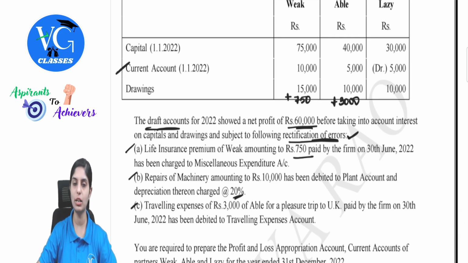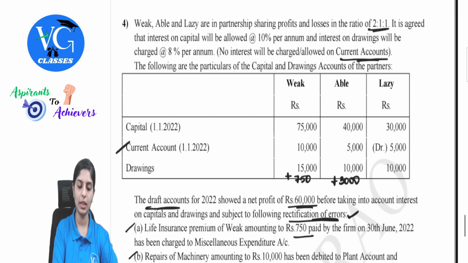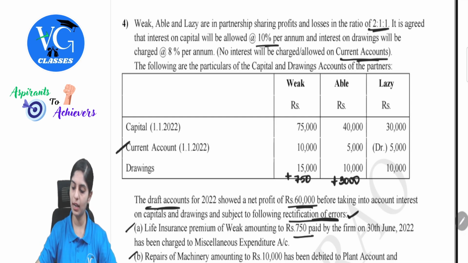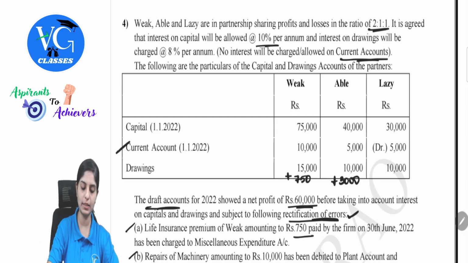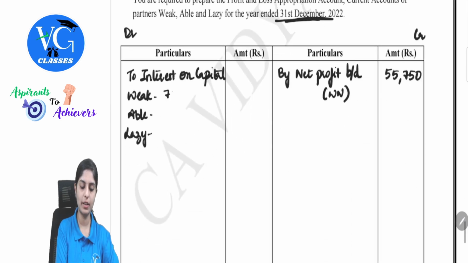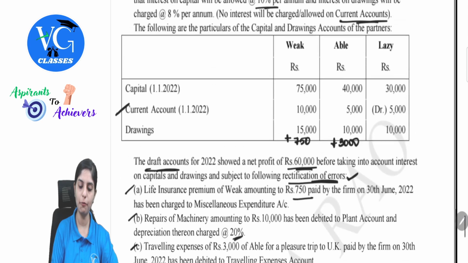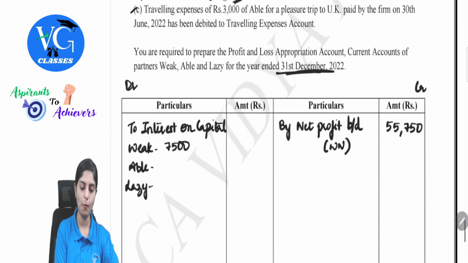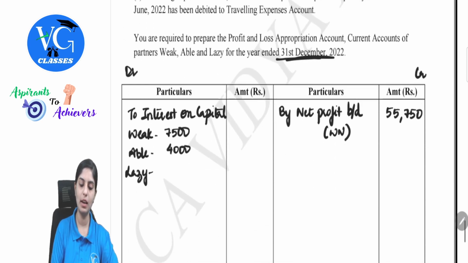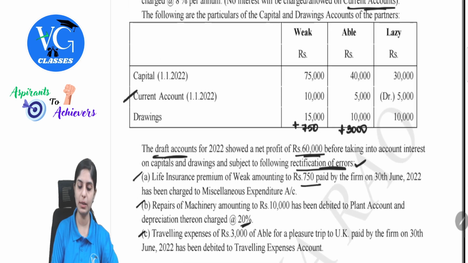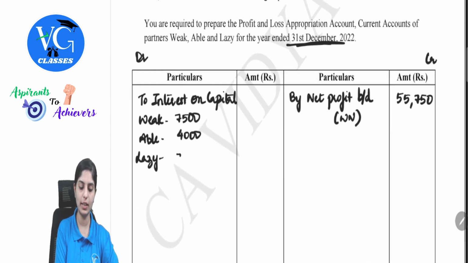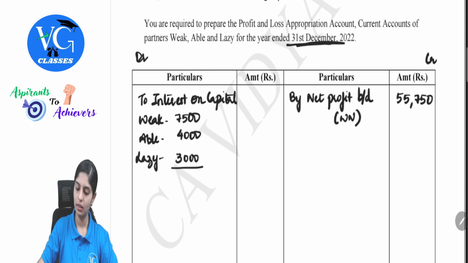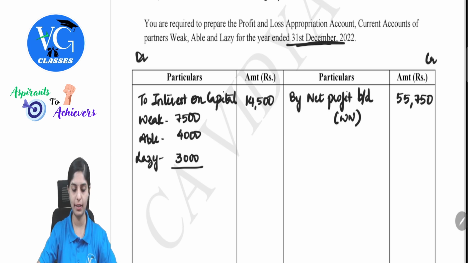For the full year, we need to charge interest on capital. Interest on capital rate is given at 10% per annum. 75,000 into 10%, 7,500 for Weak. 40,000 into 10%, 4,000 for Able, and 30,000 into 10%, 3,000 for Lazy. 7,500 plus 4,000 plus 3,000. Total interest on capital is 14,500.